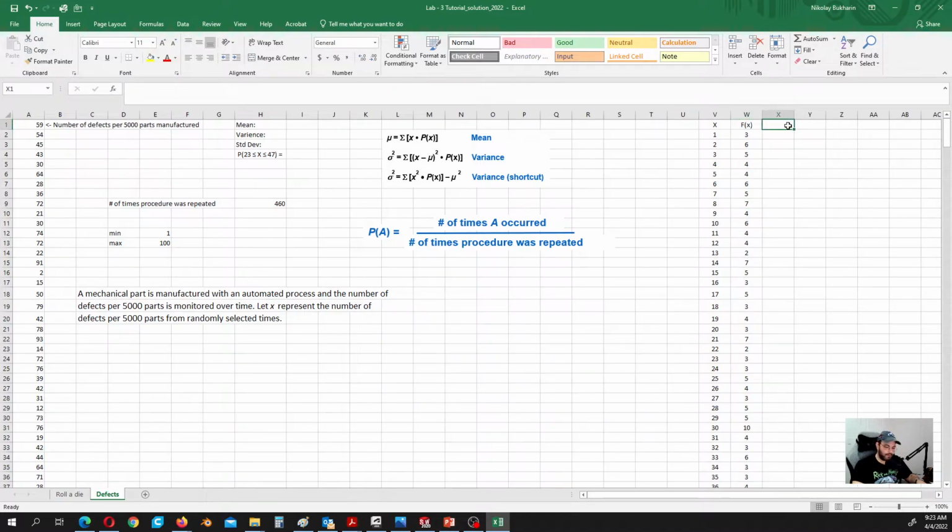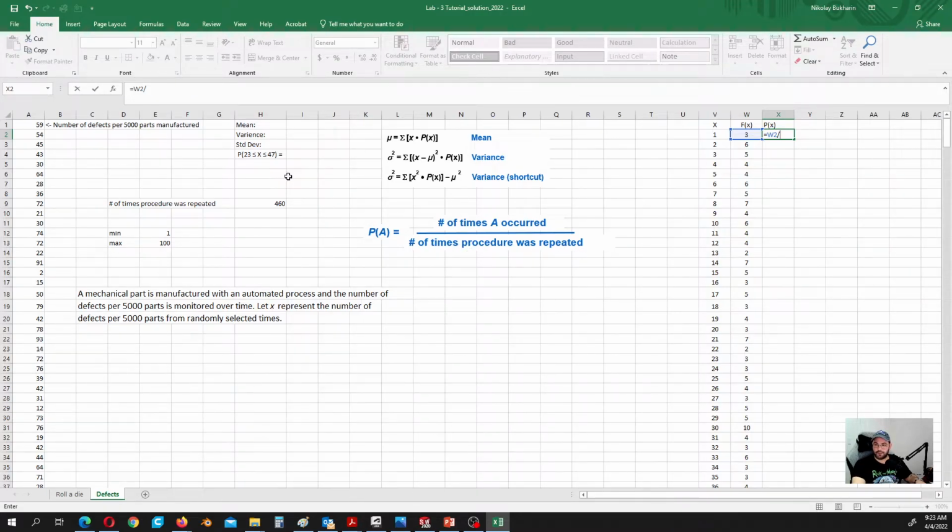Okay, so then we can calculate probabilities. In this case, this is going to be number of times A occurred divided by total number of times procedure was repeated.